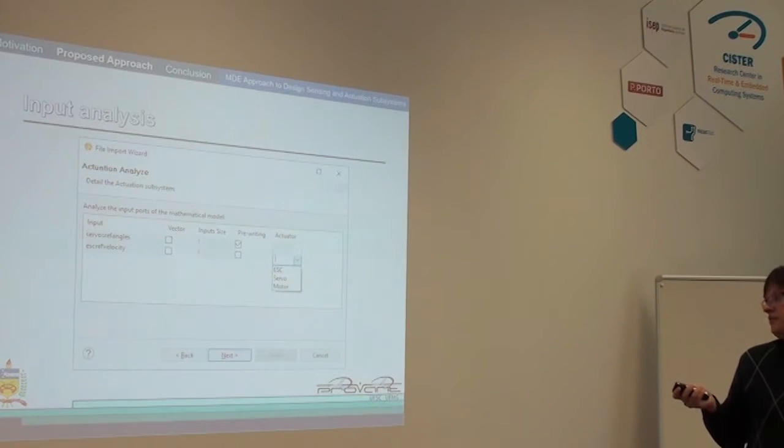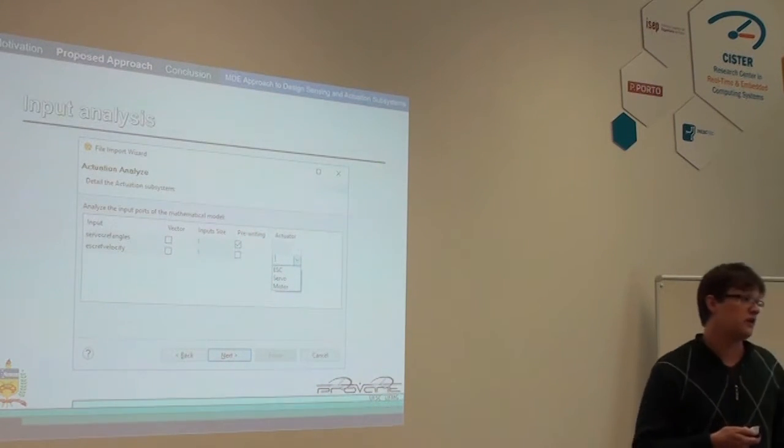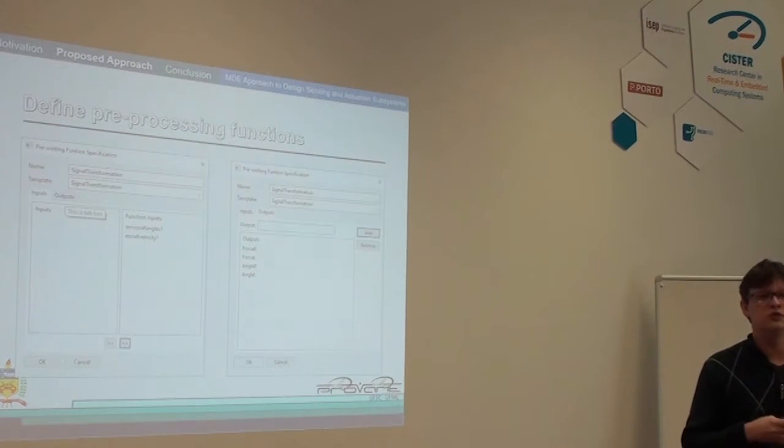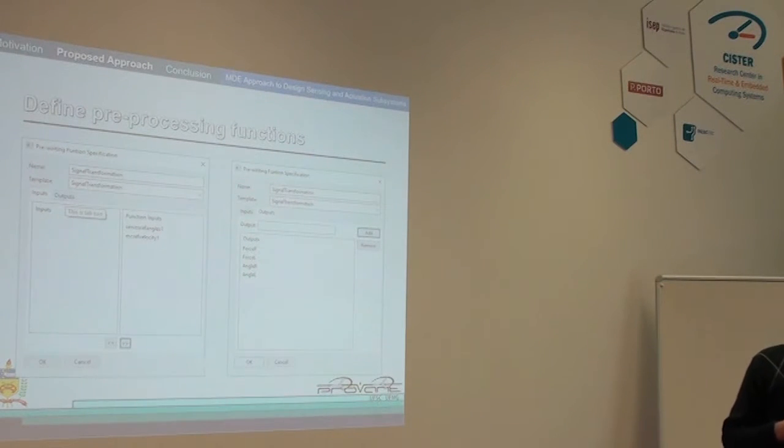If it can be sent directly, we can specify the actuator for this information here, or mark it to create pre-processing functions. In the case of the UAV, we need to pre-process this information before sending it to our actuators, so we create a specific function named signal transformation that receives the inputs from the control system and provides the forces to our motors and the angles to our servo motors, which are responsible for the motion of our UAV.